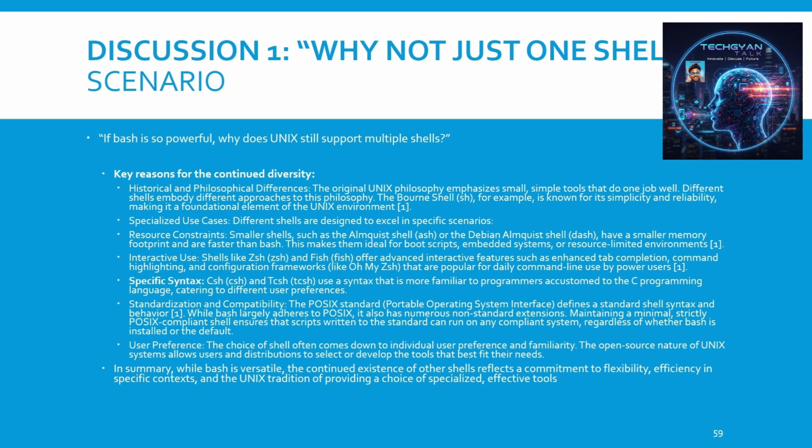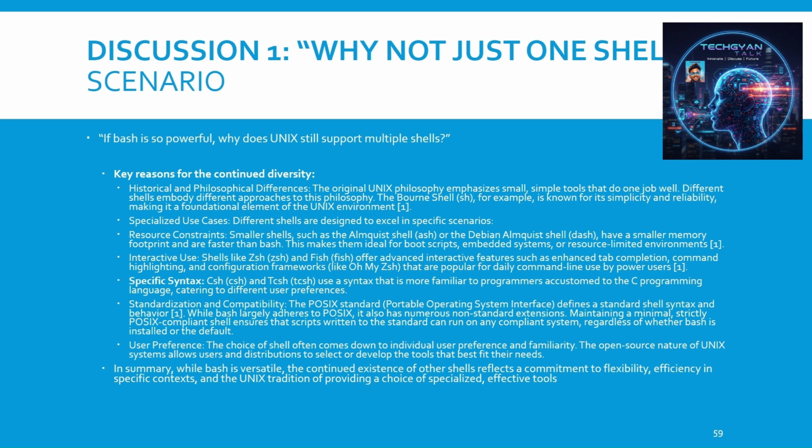Specialized use cases. Different shells are designed to excel in specific scenarios. Resource constraints: smaller shells, such as the Almquist shell ASH or the Debian Almquist shell Dash, have a smaller memory footprint and are faster than Bash. This makes them ideal for bootstraps, embedded systems, or resource-limited environments.